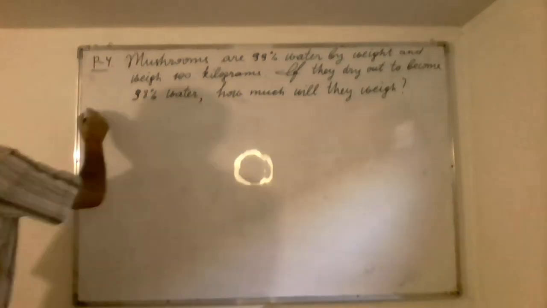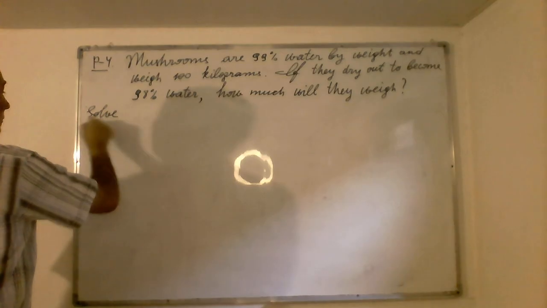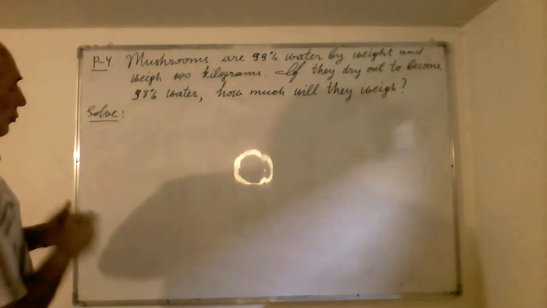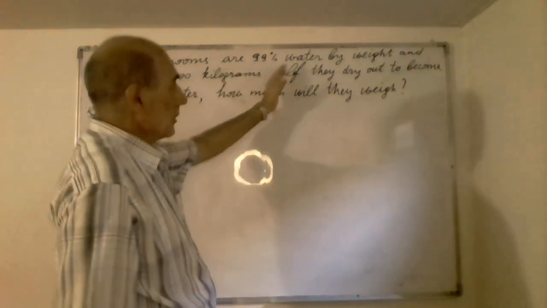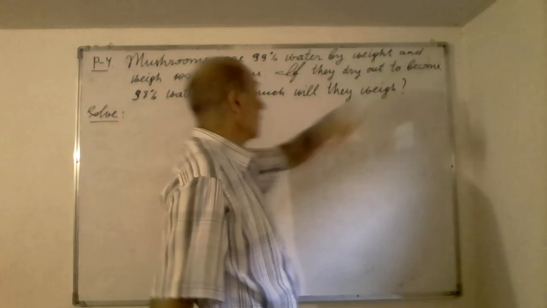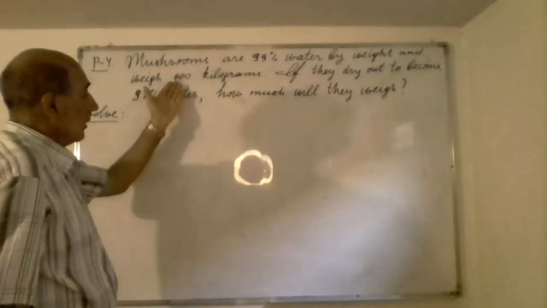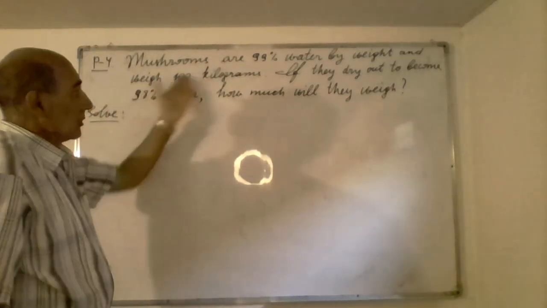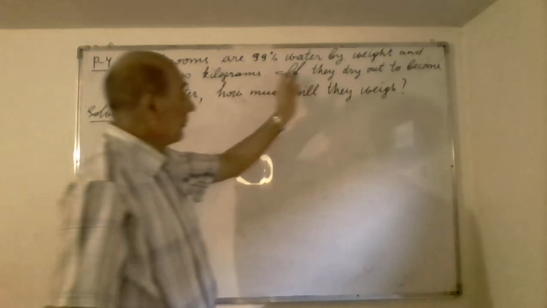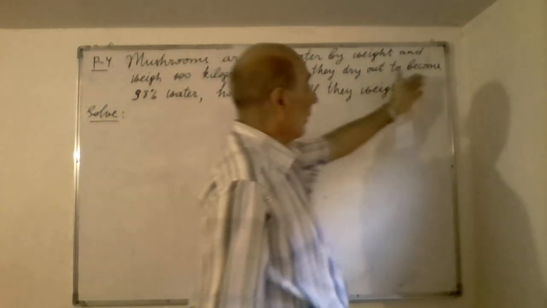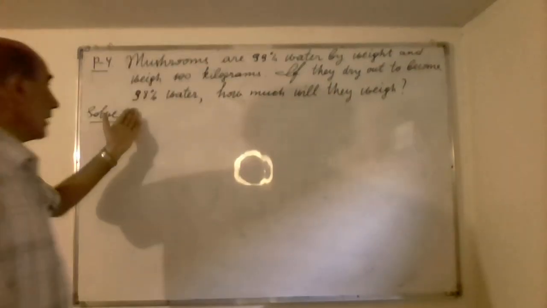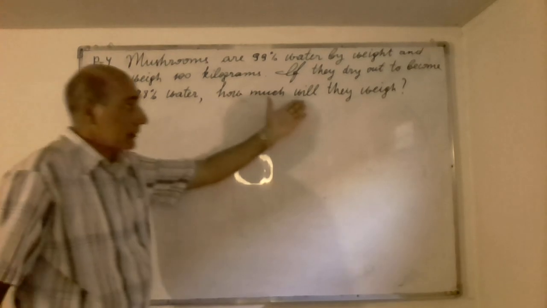So, mushrooms are 99% water by weight and weigh 100 kilograms. If they dry out to become 98% water, how much will they weigh?